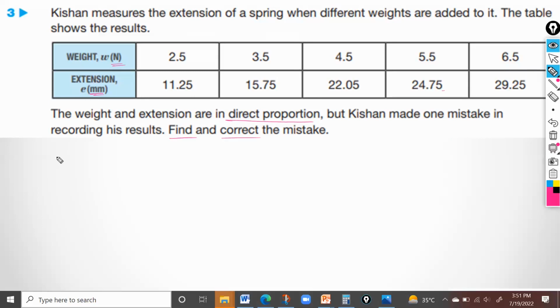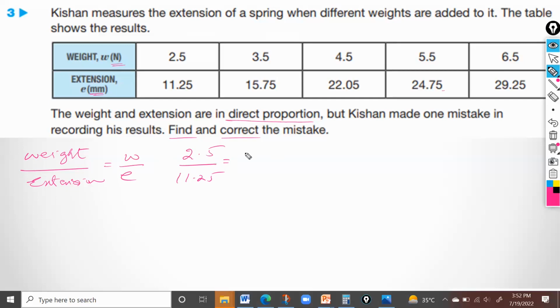First of all, we measure the ratio, weight over extension, so we can write this as W over E. All must be equal, like 2.5 divided by 11.25. We check whether these are equal or not. When you divide 2.5 by 11.25, quickly check with your calculators.